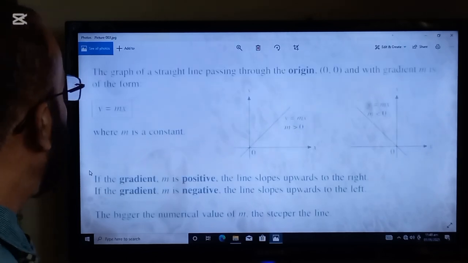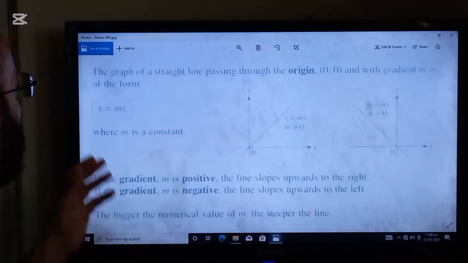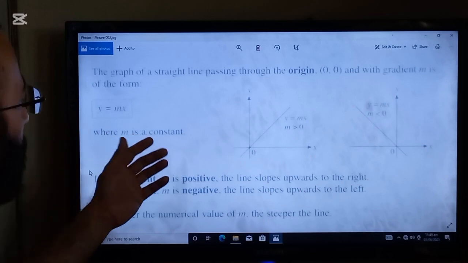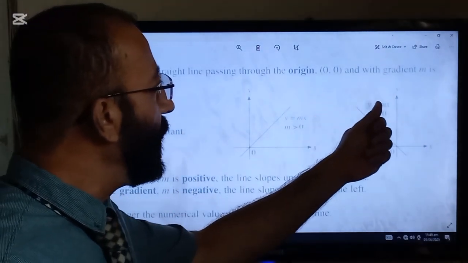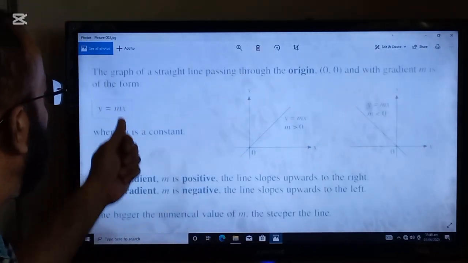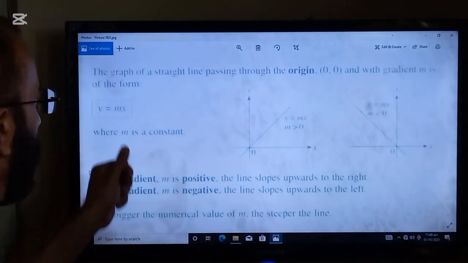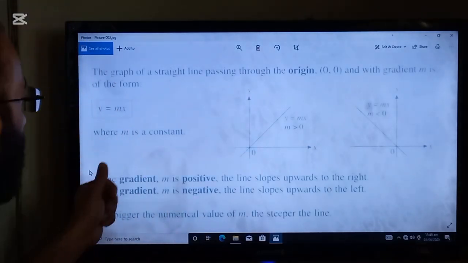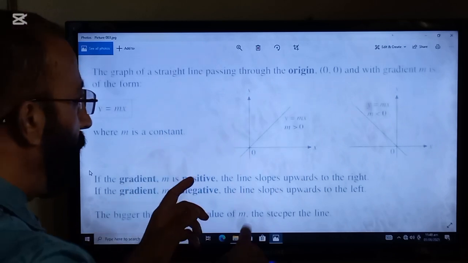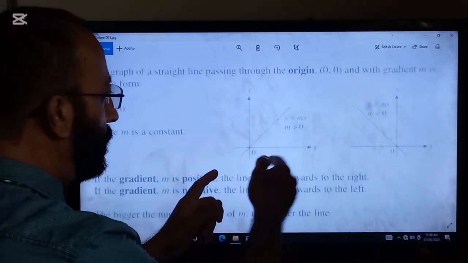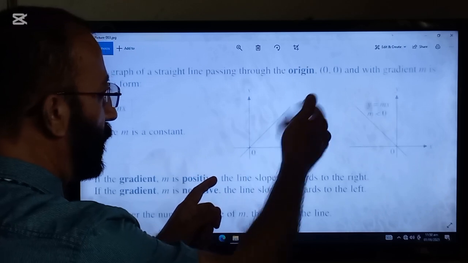The next point to remember in this topic is the graph of a straight line passing through the origin (0, 0) and with gradient m is of the form y = mx, where m is a constant value. If m is greater than 1, the shape of the graph will be this one.